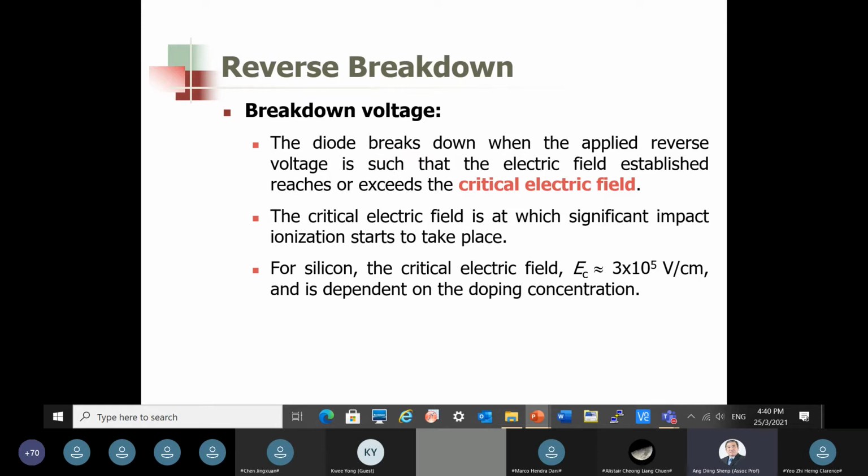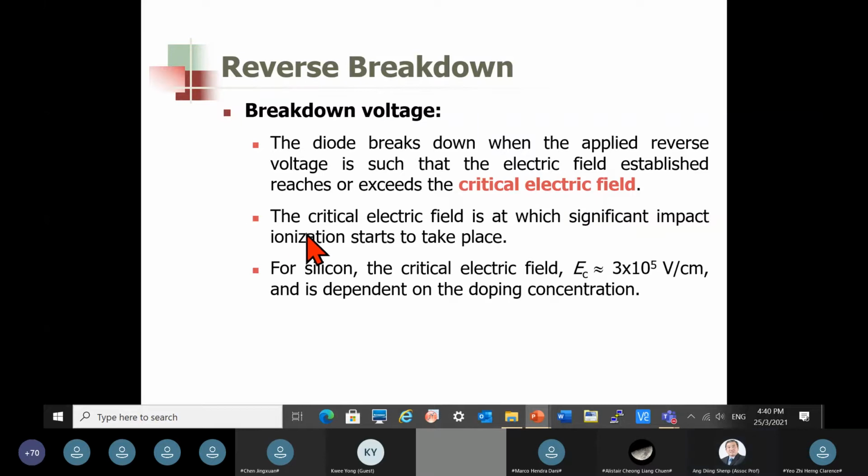First of all, you should realize that the electric field must be large enough to accelerate the electrons and the holes to high kinetic energy before impact ionization can happen. Therefore, the onset of impact ionization happens only after the electric field exceeds a certain critical value called the critical electric field, which is a property of a given semiconductor.